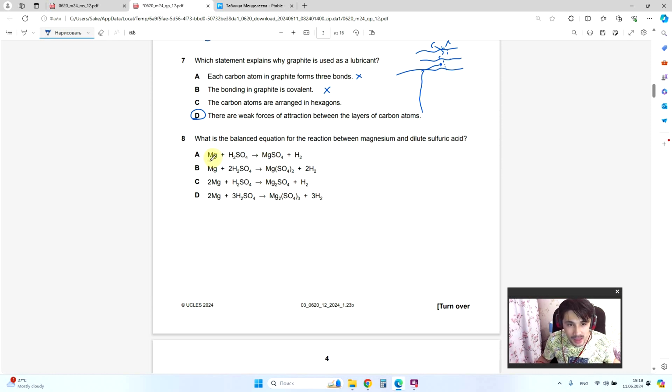So metal and acid, usually if the metal is located before hydrogen in the reactivity series, it can produce salt and hydrogen. So this is a dilute acid. So this is a salt, and the formula is correct.